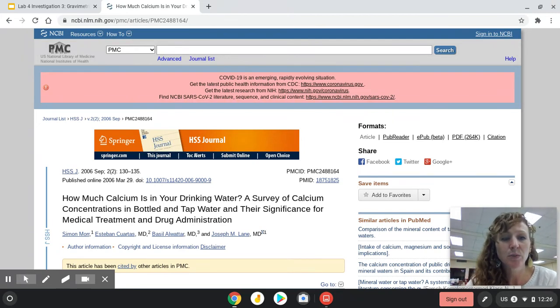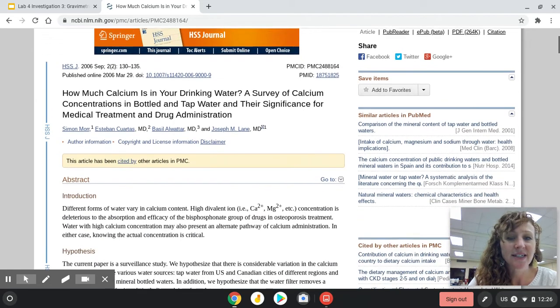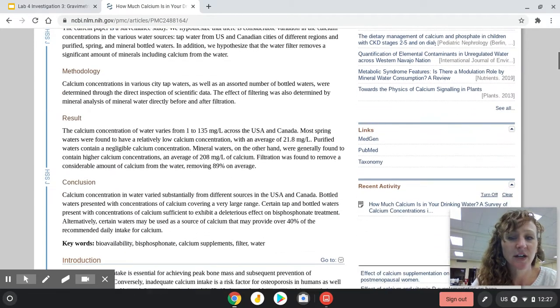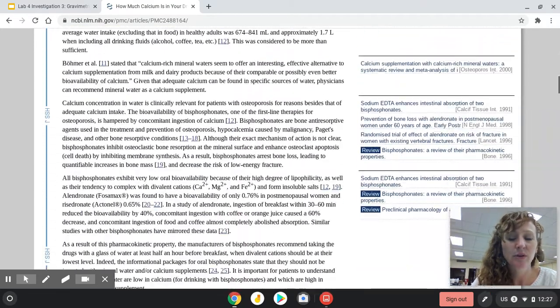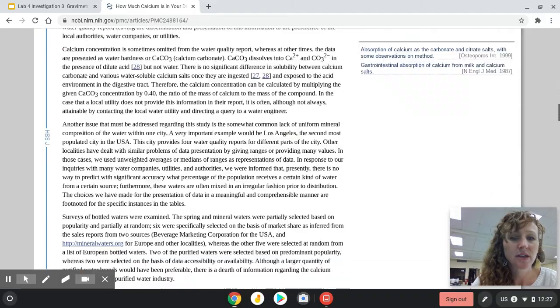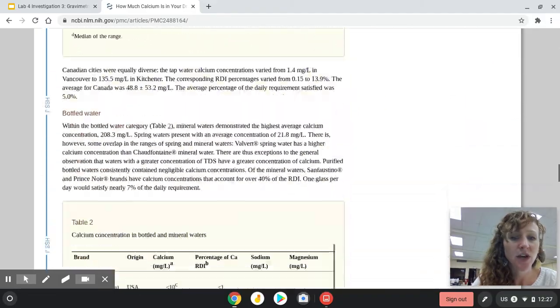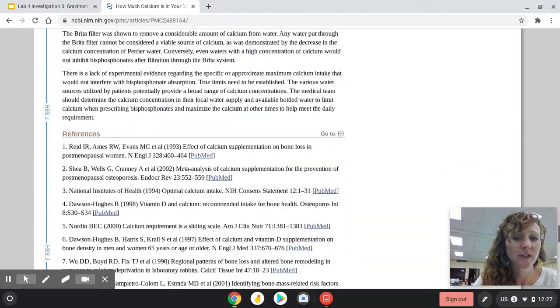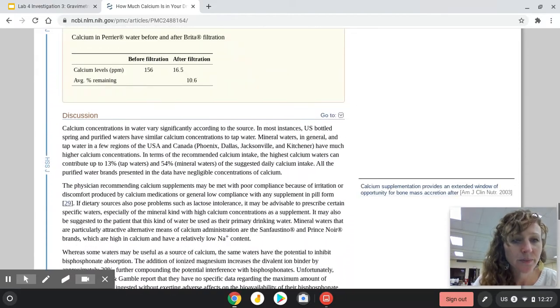It's a peer-reviewed paper, and it did some research for us as to how much calcium is in your drinking water. And luckily for us, they put their conclusions in their little abstract. Wait for it. Wait for it. Oh no, where did it go?